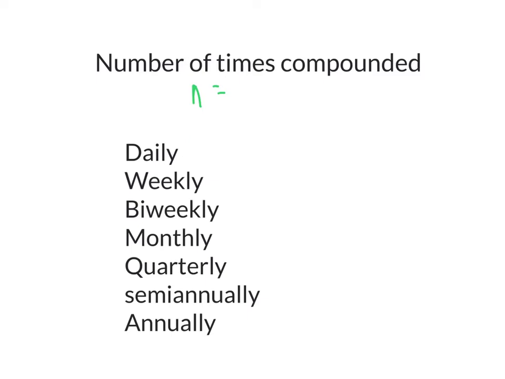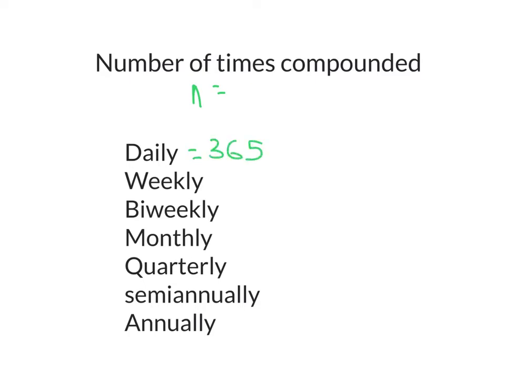When it comes to figuring out the number of times you gain interest, or the number of times that your account is compounded each paying cycle, you have to look into the problem and look for some of these keywords. Now these keywords will tell you what you should plug in for n. So if you see that you're gaining interest daily, you're going to plug in 365 for n.